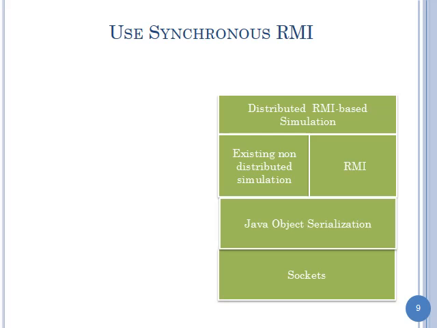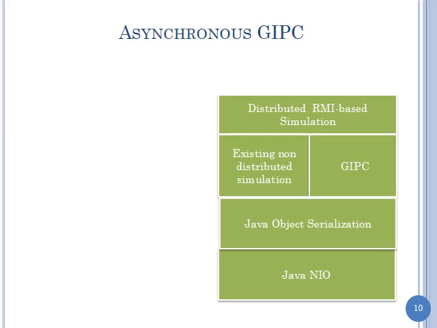By the way, on the previous slide, for the communication, there were sockets. RMI is built on top of sockets, and it uses Java object serialization. What I've done is make this layer actually changeable. You can put NIO, you can put sockets, whatever you want. I use Java object serialization, and that's a separate layer.